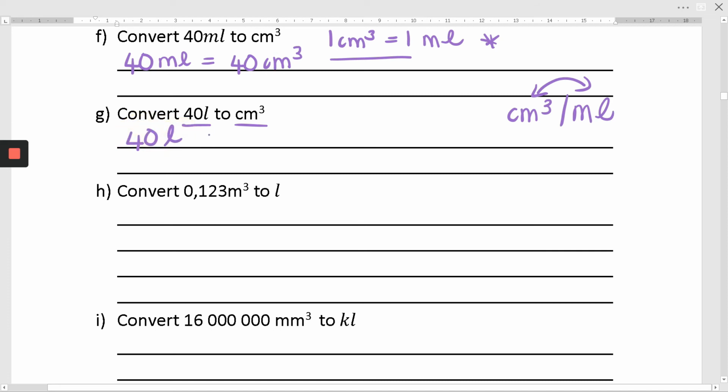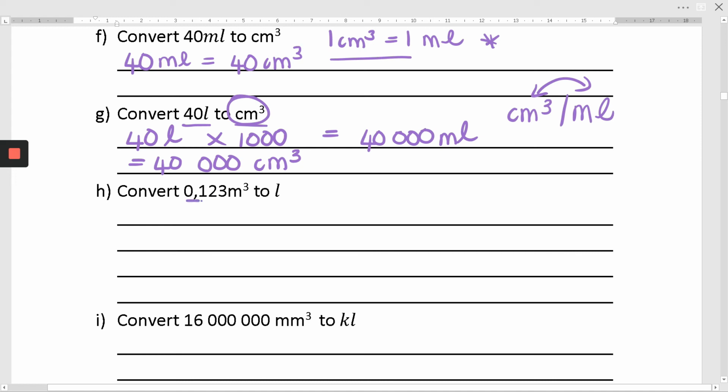I want 40 liters rather in milliliters. So I'm going to times by 1,000, and I'm going to get 40,000 milliliters, and I'm writing the units all the time. So now what I need to do is convert my milliliters to cubic centimeters, but those were exactly the same. So actually I'm done. It's just going to be 40,000 cubic centimeters.